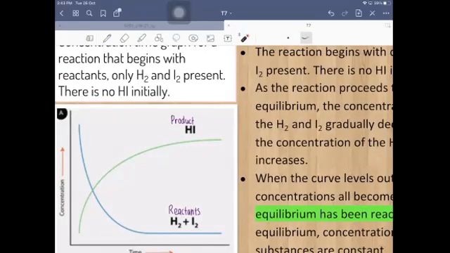The concentration stays constant because they are both happening at the same rate. So you can continue with your dynamic equilibrium as long as you have a closed system. They will continue to happen simultaneously. Forward, reverse, forward, reverse, forward, reverse.